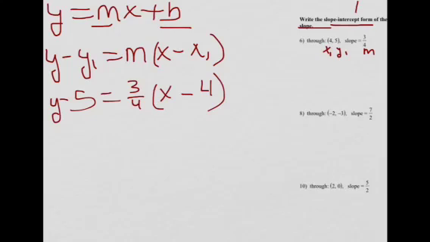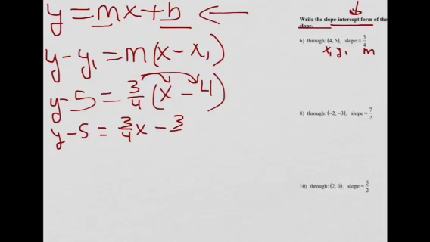But remember, we wanted slope-intercept form. So we have to make it look like this, which means we have to simplify and solve for y. Let's simplify first, and you guessed it, we've got to distribute. So we keep y minus 5 equals 3/4 x minus 3/4 times 4/1. Don't be afraid of those fractions.